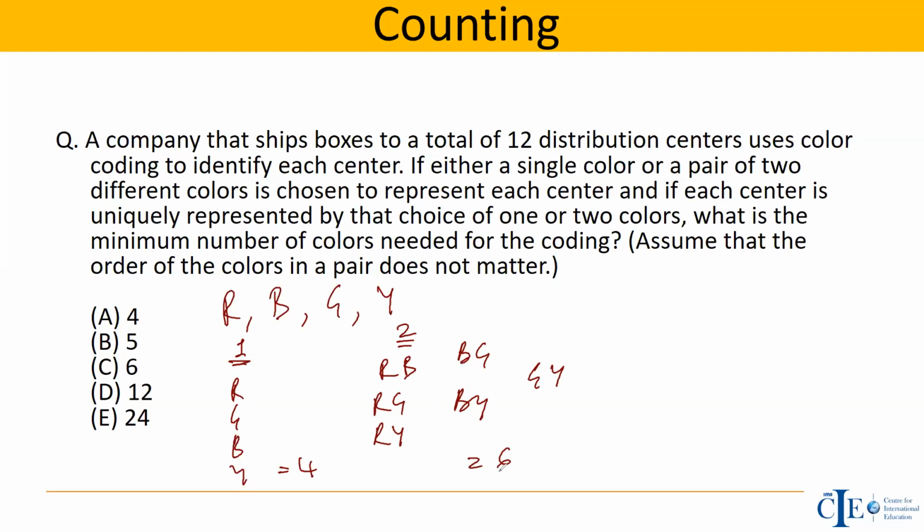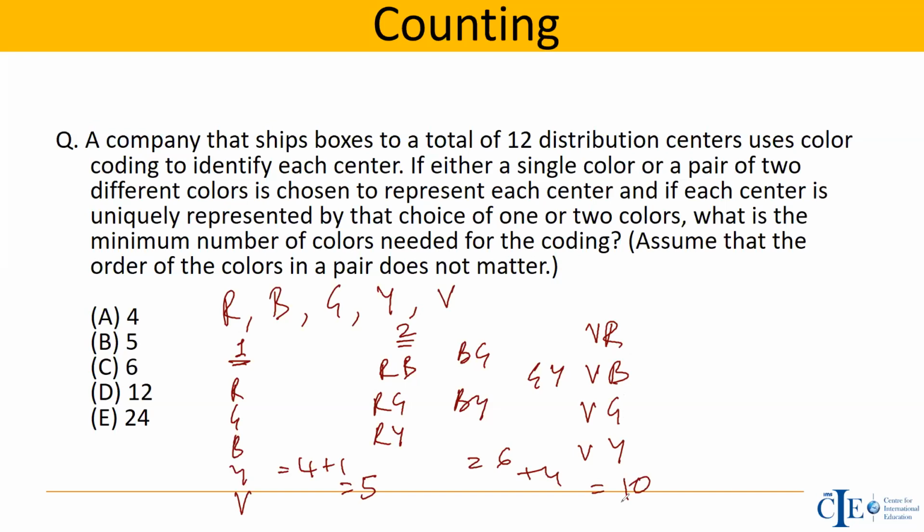Now, if I add one more to this, let's say you use a violet. So I'll have one more added here. That will be 5. And I can have violet red, violet blue, violet green, violet yellow, and have another 4 here, which will make it 10.